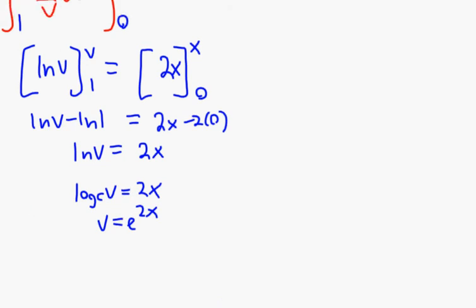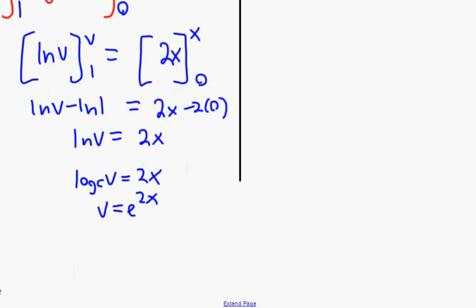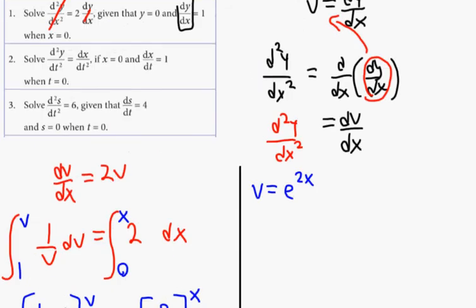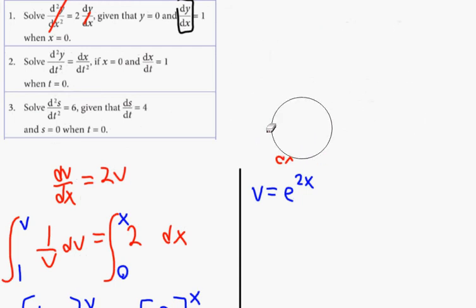Now, how does that link back in? Well, you recycle what you just learnt. We've now just learnt that v equals e to the 2x. Look at the original question. The original question has a y on top and an x on the bottom. What does that mean our answer must look like?